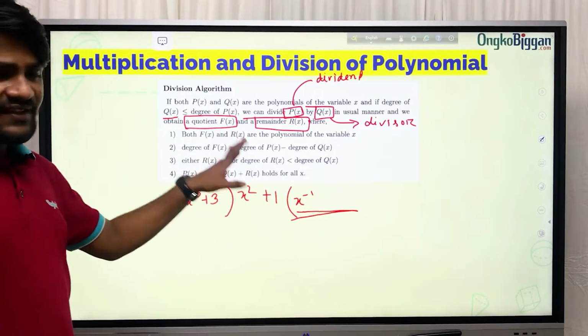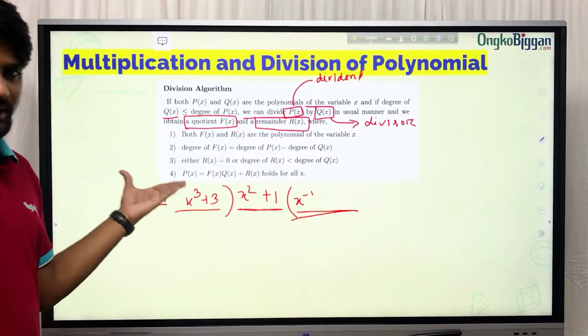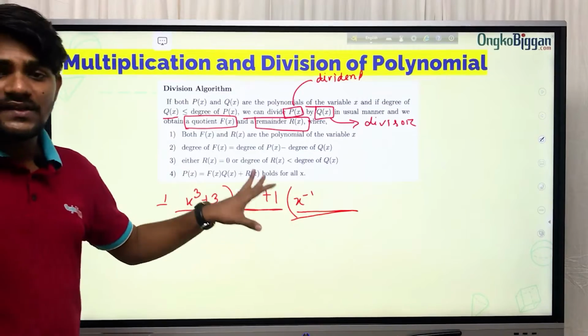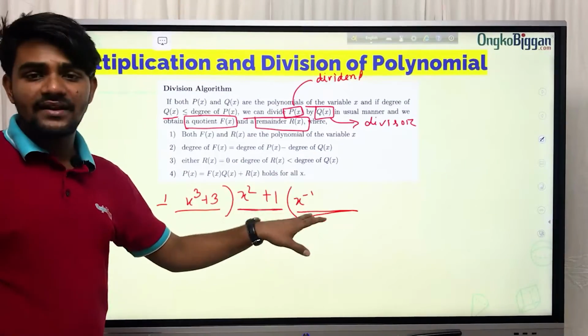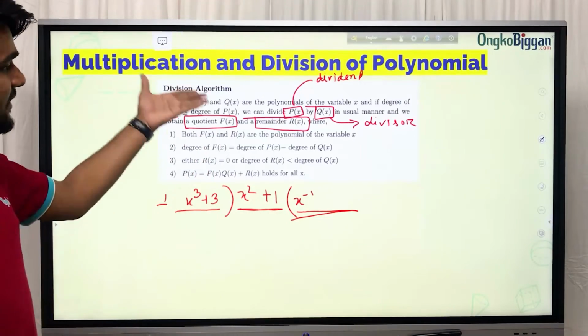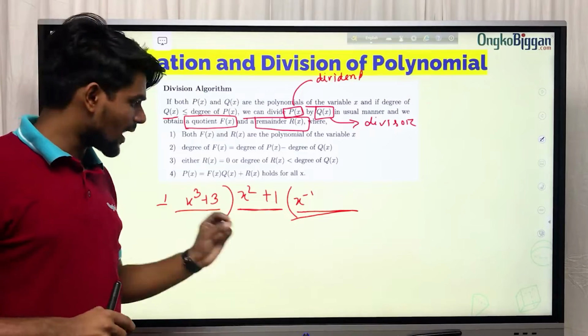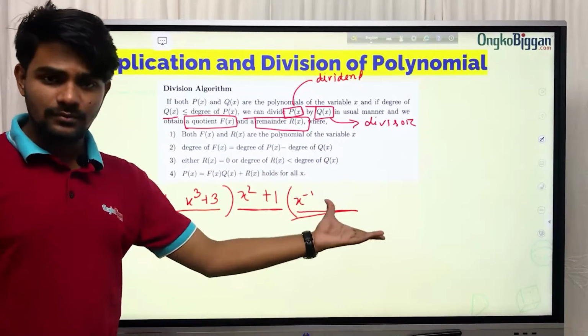See, if we divide this polynomial by x squared plus 1, we get x to the power of minus 1 in the first term, which is not a polynomial. This is basically the division algorithm for finding a resultant that has a polynomial quotient.